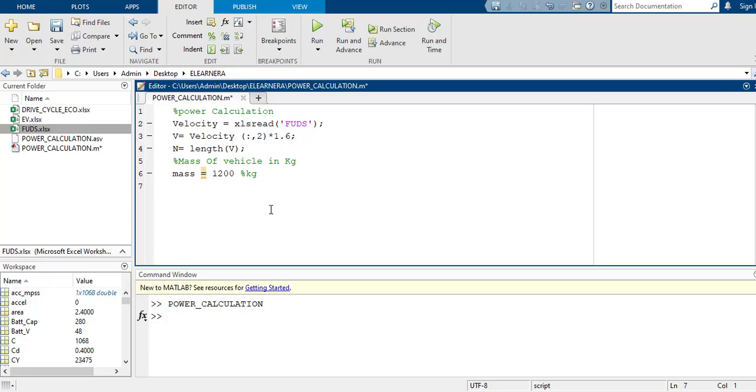Okay, then we are putting the frontal area in square meters.